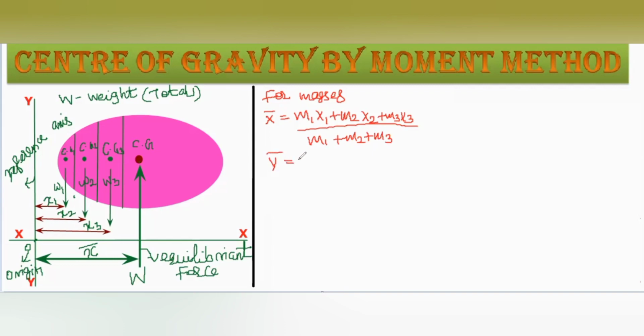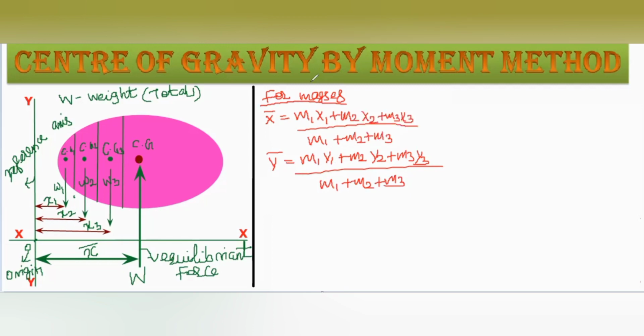Same, y bar equals m1 y1 plus m2 y2 plus m3 y3 divided by m1 plus m2 plus m3. Okay, this is for masses.